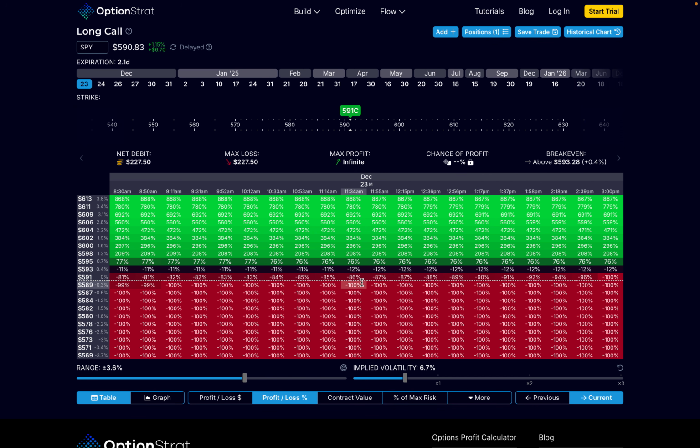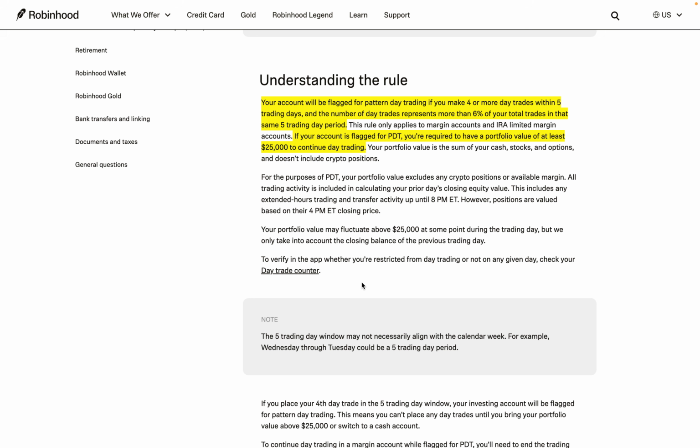And there's other things to consider with this option strategy. One of those is day trading. If you're trading 0 DTE options, chances are you're entering the trade and you're also closing that exact same trade the exact same day. There's probably not a lot of people that let their option just expire.